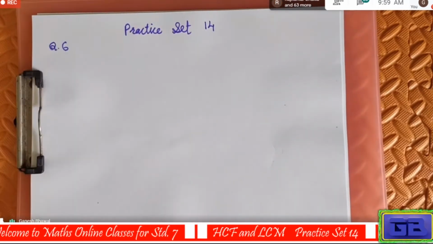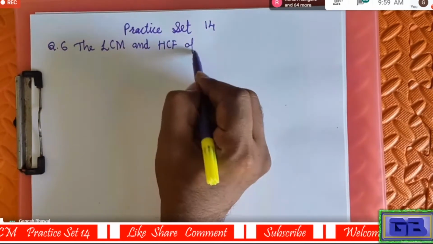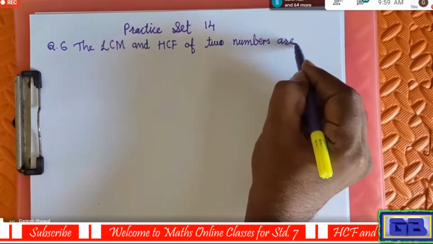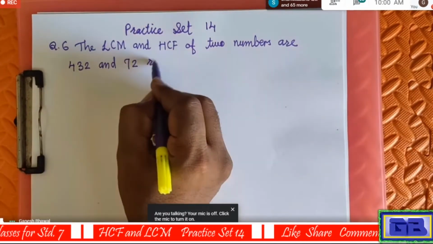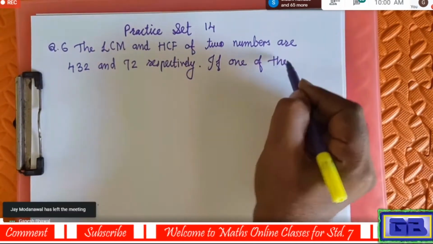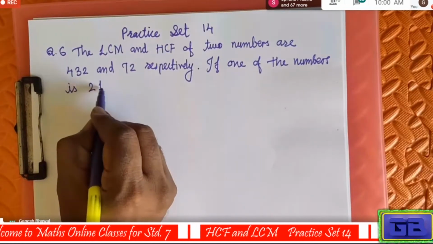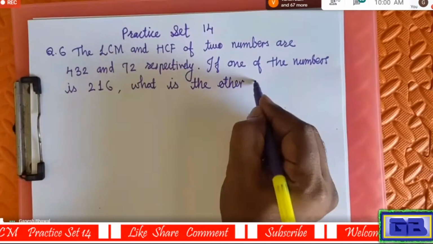Question number 6. The LCM and HCF of two numbers are 432 and 72 respectively. If one of the numbers is 216, what is the other?